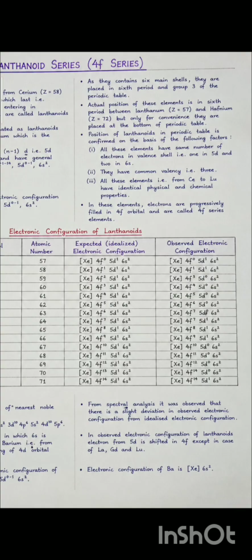Europium and ytterbium possess 4f7 and 4f14, which are stable respectively due to extra stability of half-filled and completely filled 4f subshells.